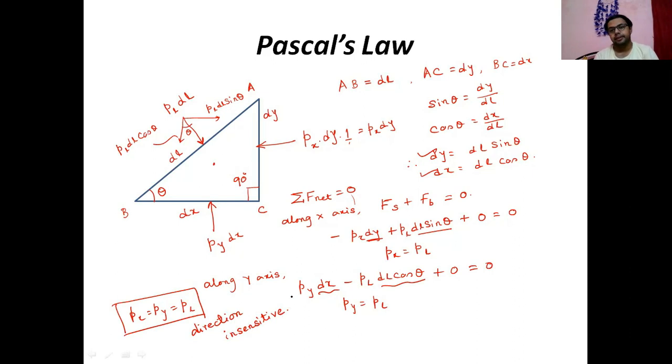From Pascal's law, the pressure has a magnitude, but it does not have any direction sensitivity, and no sensitivity to the orientation of the area either. It is not varying with the orientation of the area. So it depends only on the magnitude. So the pressure is a scalar quantity.